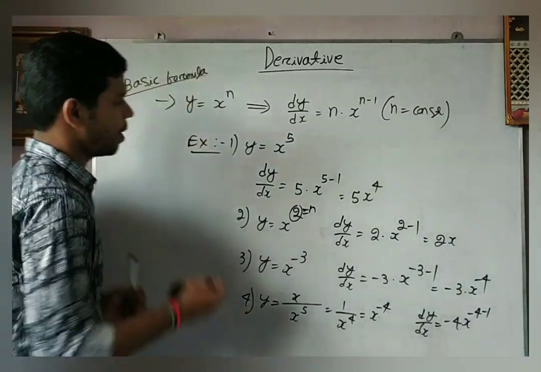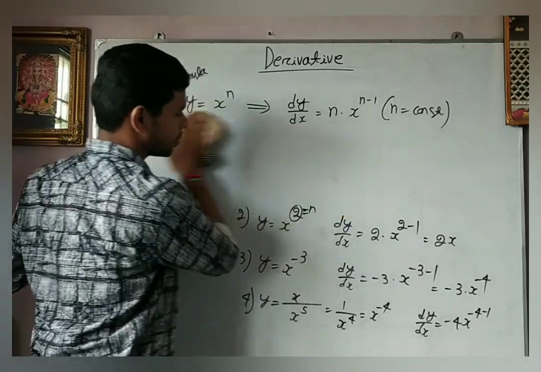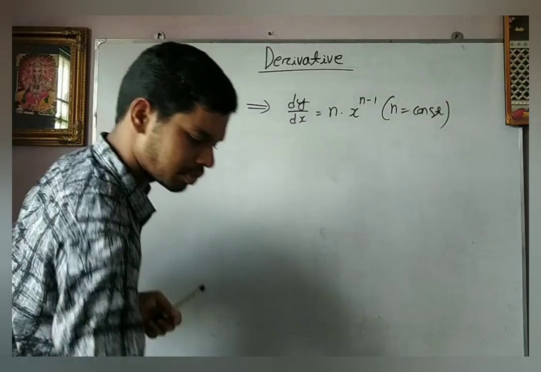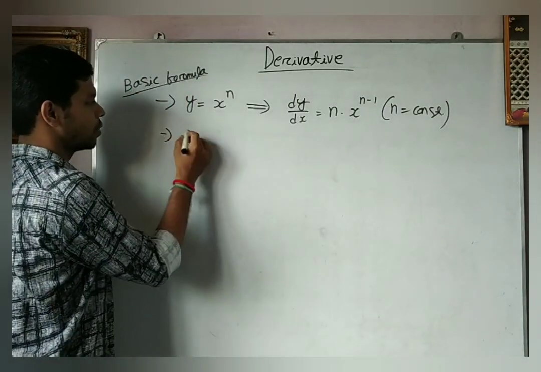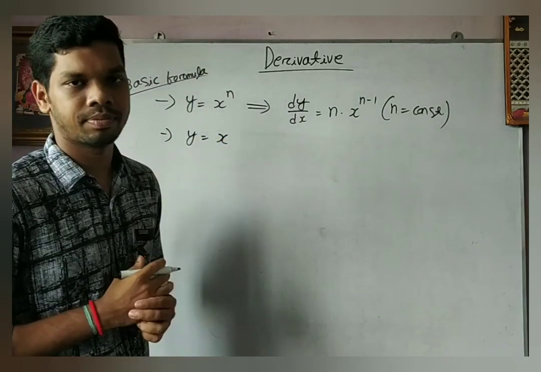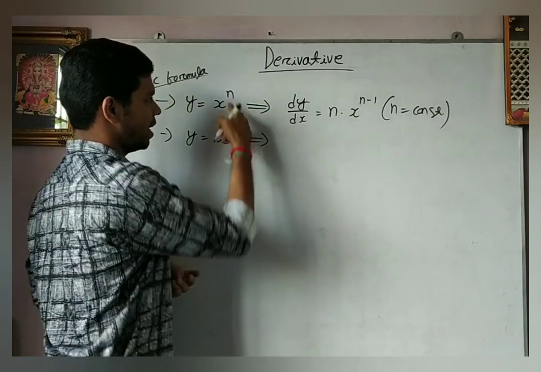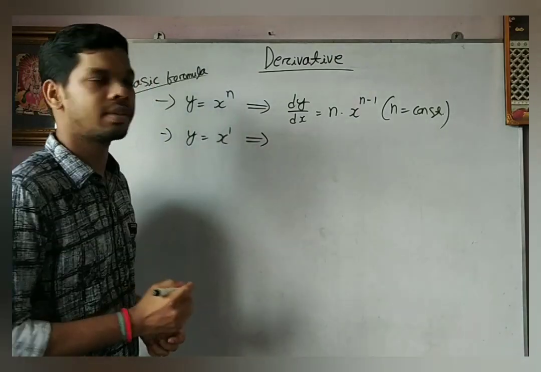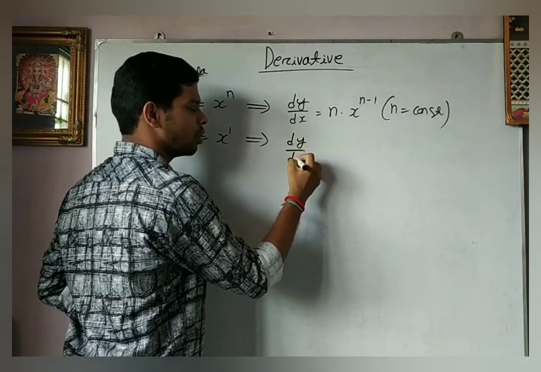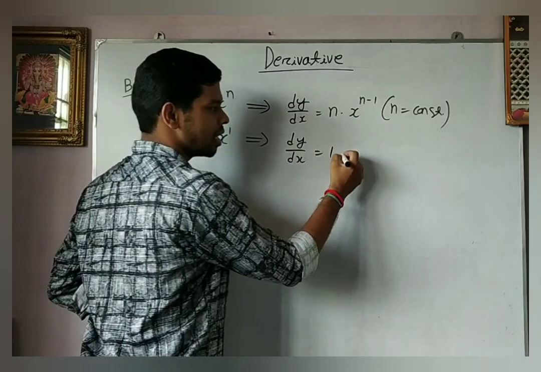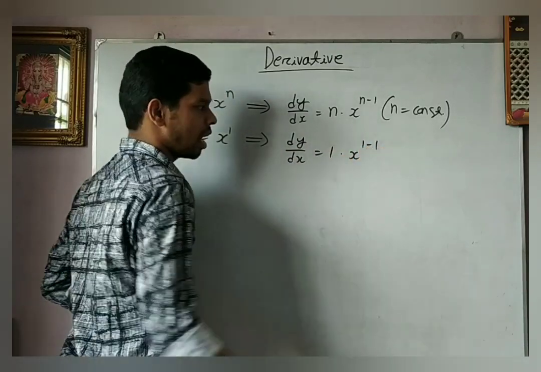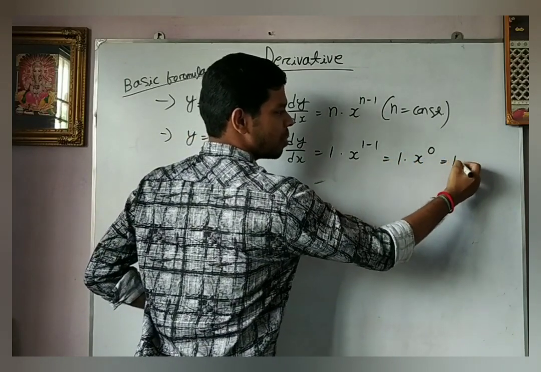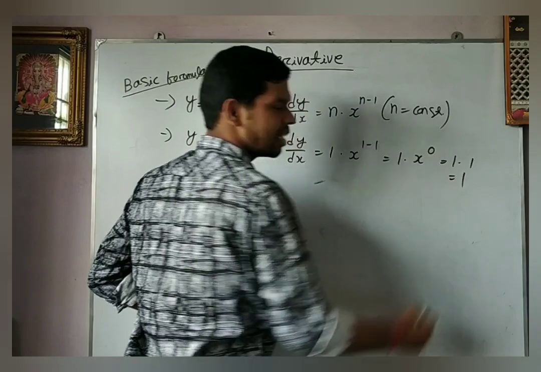Now the second formula. Suppose y equal to x, and here n equal to 1, and dy by dx equal to 1 times x to the power 1 minus 1, and 1 times x to the power 0, and x to the power 0 equal to 1, and the answer is 1.